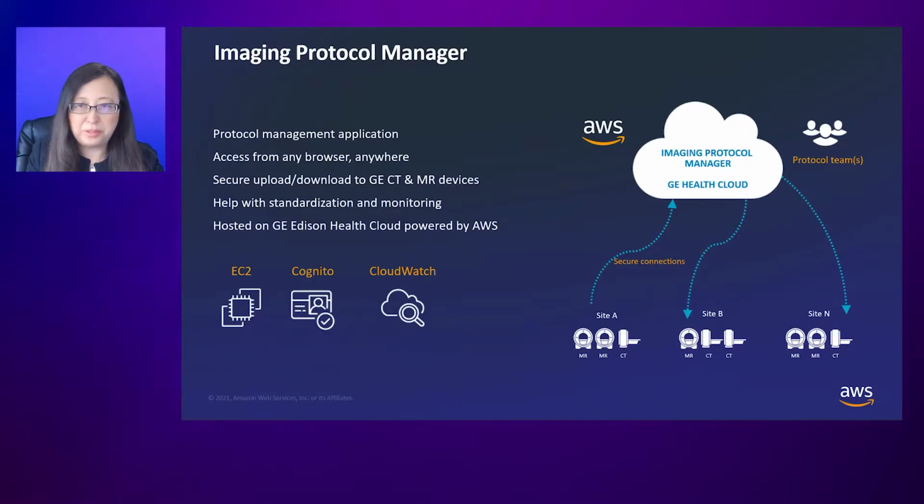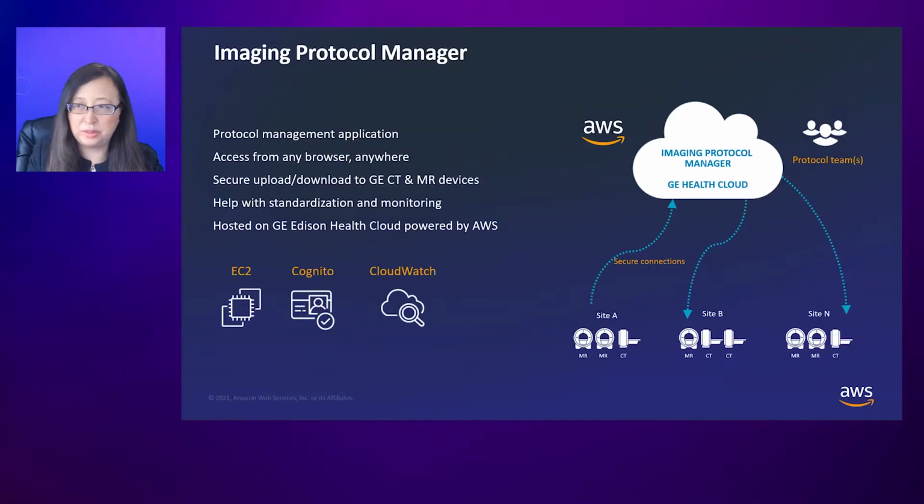So why is protocol management task made easier with Imaging Protocol Manager? Since the application is securely hosted on GE Edison Health Cloud, powered by AWS, user can now access it from anywhere, any browser. The application features and functionalities are enabled by AWS services, such as AWS EC2 provides a secure, scalable compute platform in the cloud.